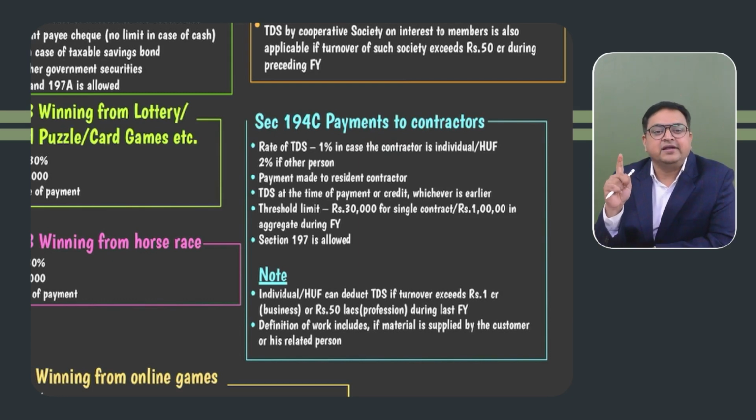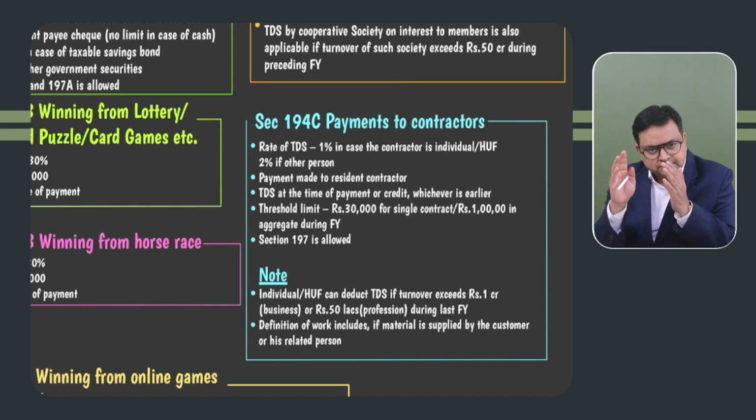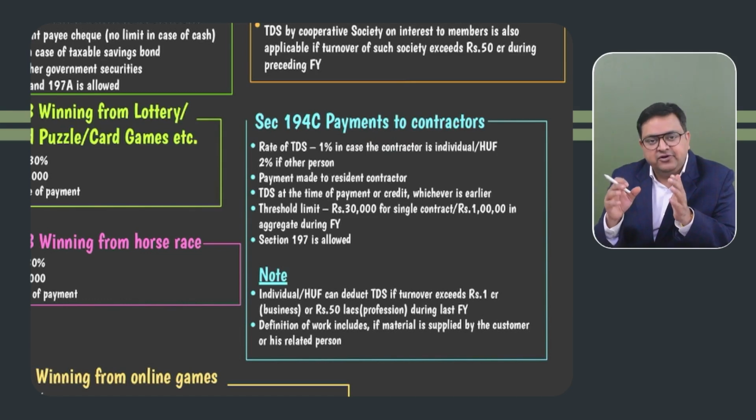TDS will be deducted at a rate of either 1% or 2%, right? It depends on the contractor to whom we are paying the money. If that person is individual or HUF, then 1% TDS rate will be applicable. If that person is neither individual nor HUF, in that case 2% TDS will be deducted.